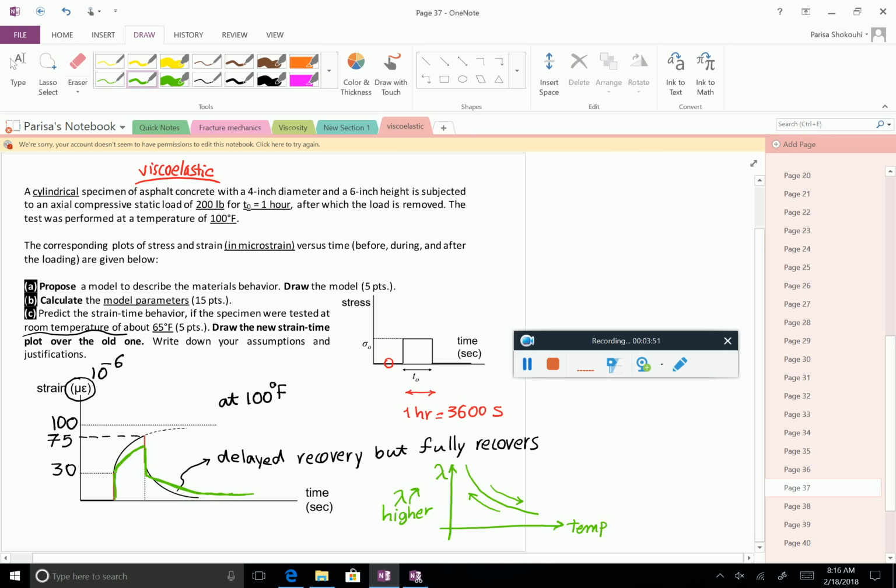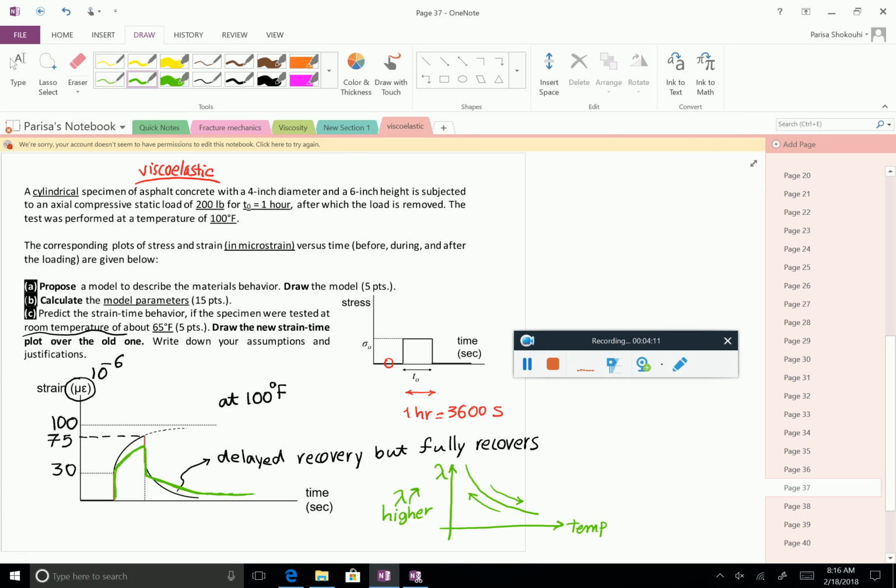Everything becomes slower. The flow becomes slower because the viscosity will be higher. So it's important that you are very comfortable with the effect of temperature and viscosity, and you can analyze how it would change the model response.